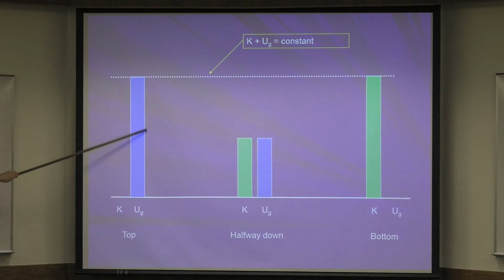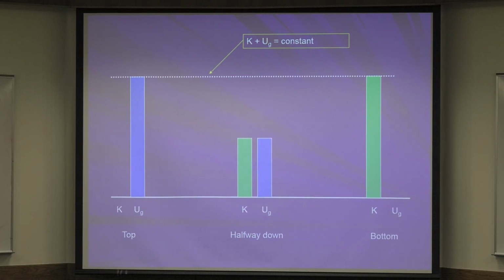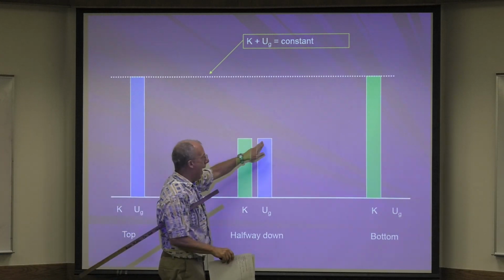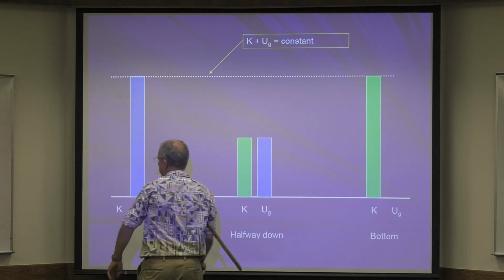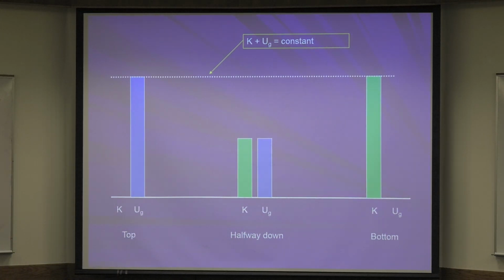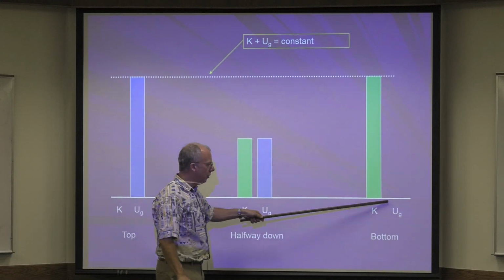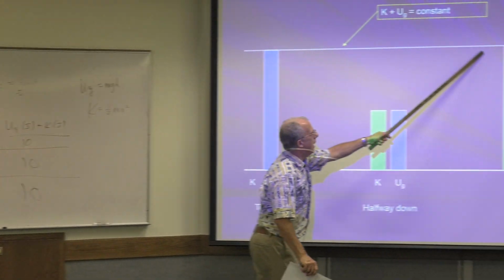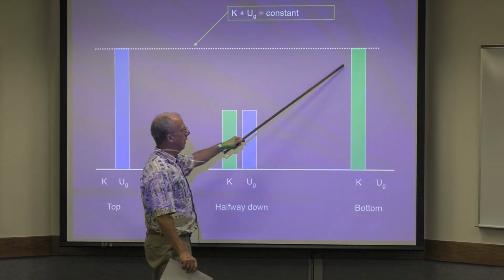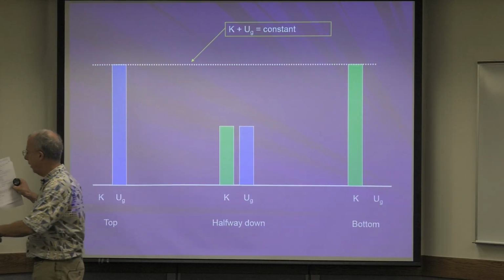So the potential was equal to the total, which is exactly what we have here. Halfway down, the potential is half, so the kinetic has to be the other half, which is exactly what we had. And the total is the same. Then at the bottom, there's no potential energy. The total energy is the same, so the kinetic has to be the total, which completely agrees with that.